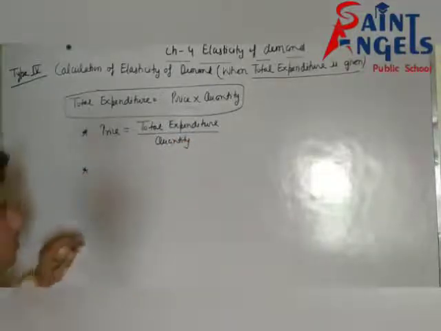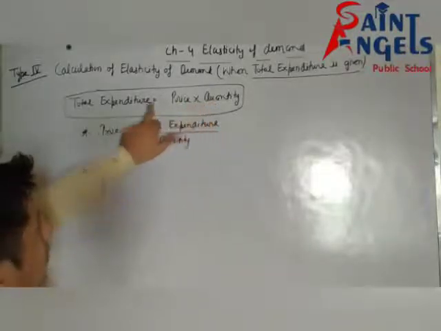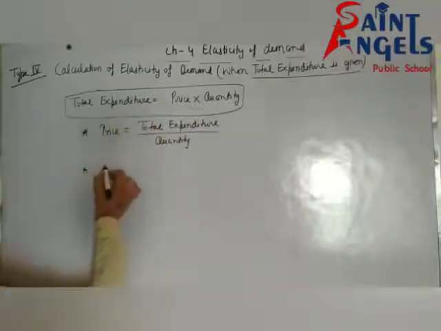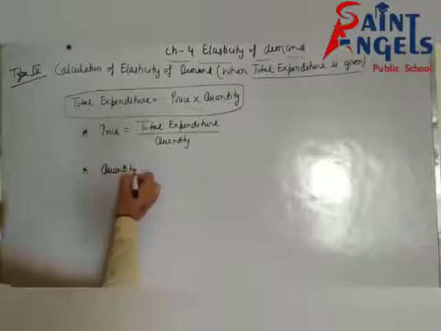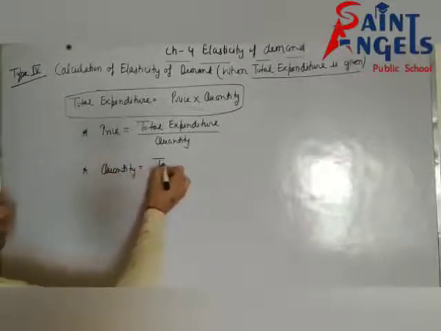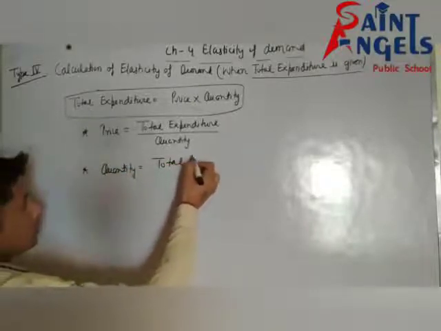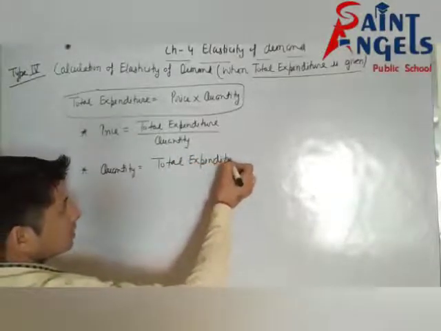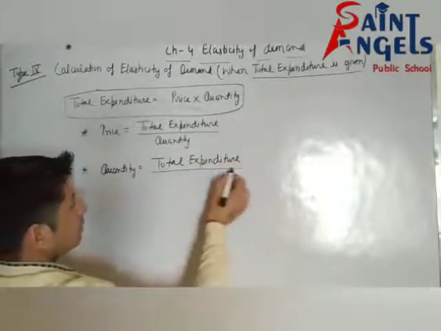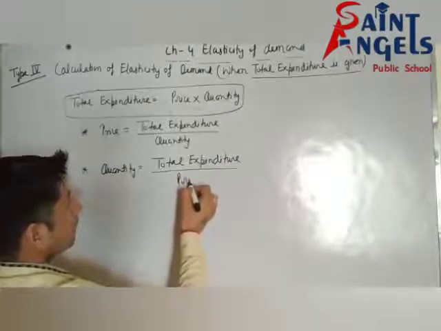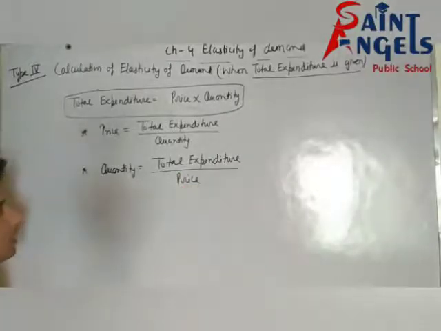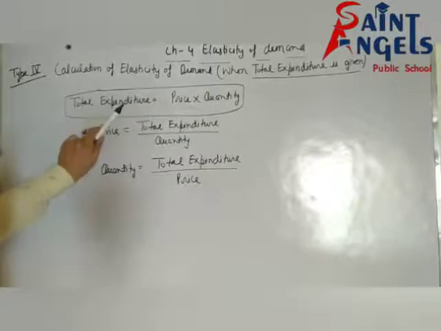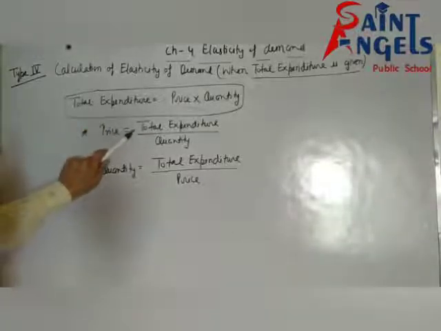Suppose if you want to calculate quantity with the help of this formula. Now formula will be quantity is equal to total expenditure divided by price.